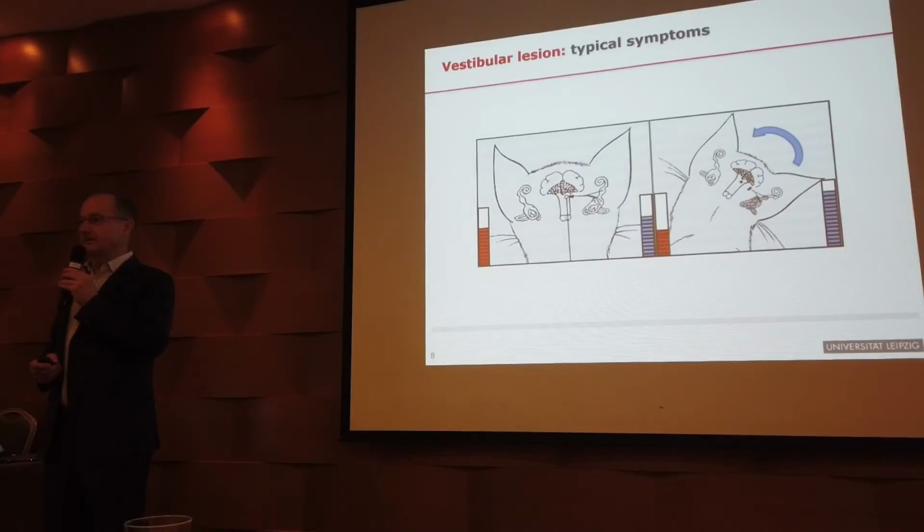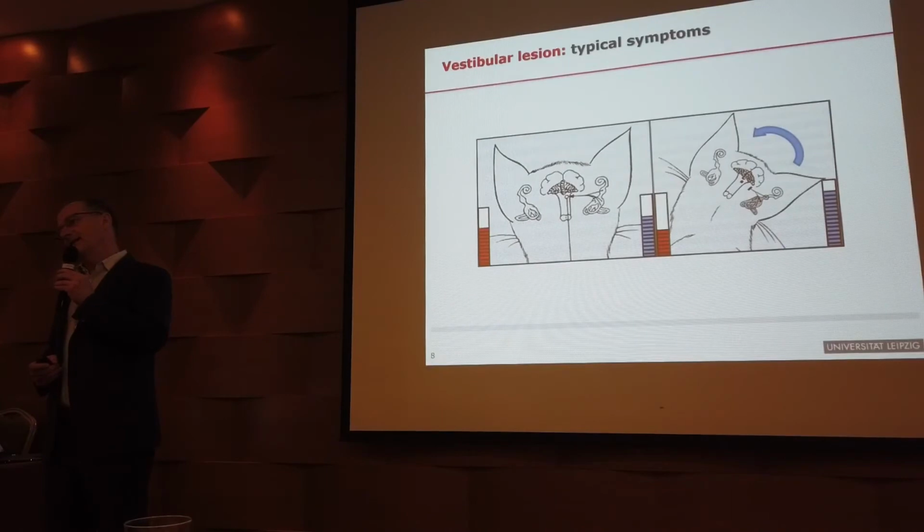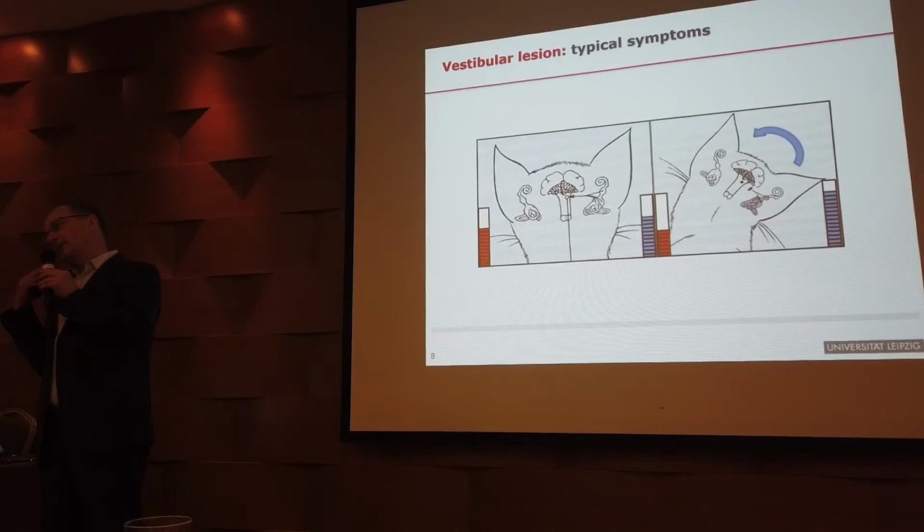And that's why the brain knows he is standing upright. If I turn now my head to the side, then the side that is down gives more frequent impulses to the brain. So more impulse from the right side means for the brain he is turning his head, and if there is no reason, the brain wants to redirect it, and I turn my head up to the side of less input. That's a normal situation.